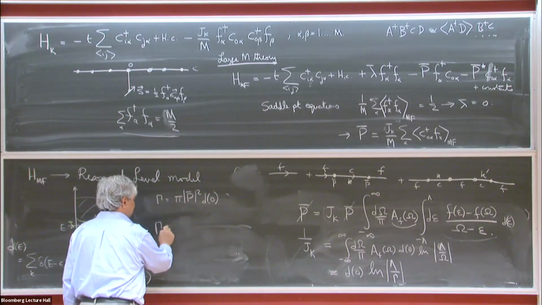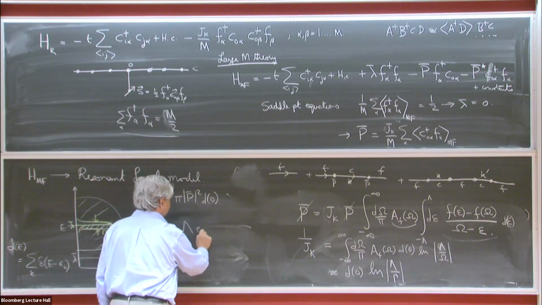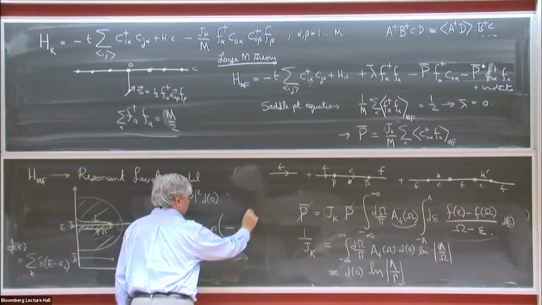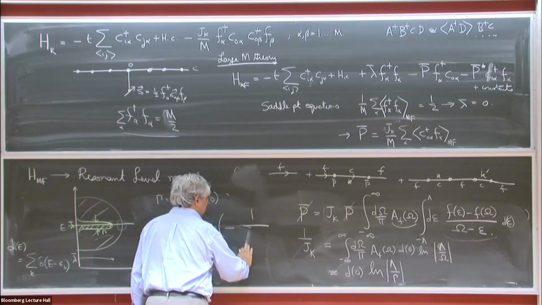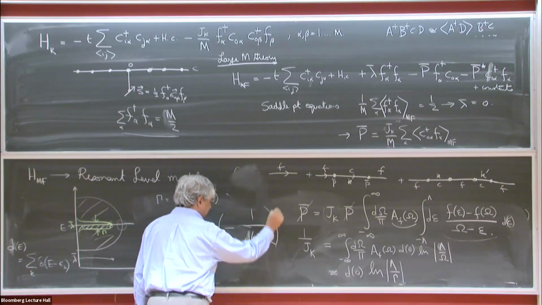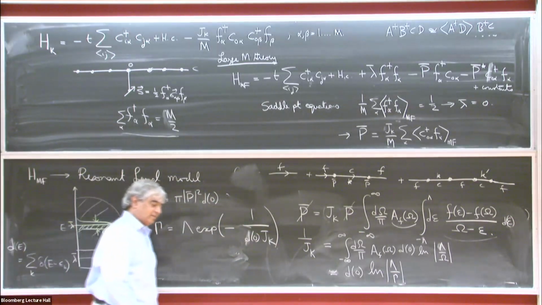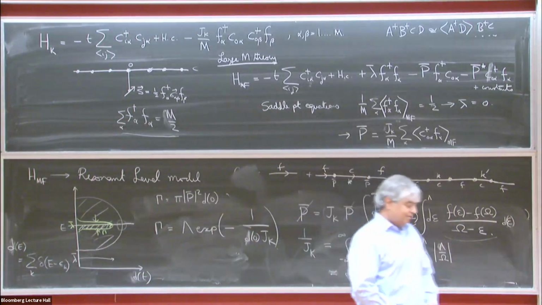So gamma, of course, is lambda times exponential minus 1 over d of 0 times JK. So this was exactly the answer we obtained last time using the RG argument.